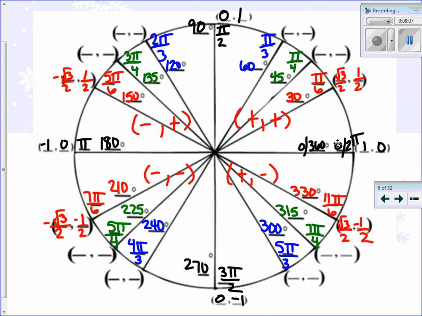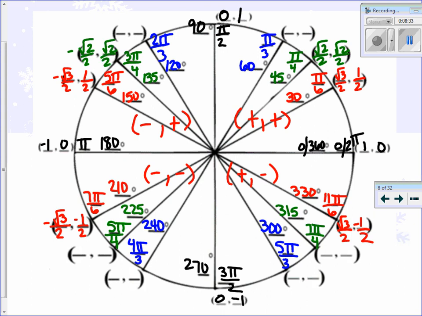All right, for all the green, this is our pi over 4 family. Its terminal point is the square root of 2 over 2, square root of 2 over 2. So in quadrant number 2 at 3 pi over 4 and 135, it's going to be negative square root of 2 over 2, square root of 2 over 2.